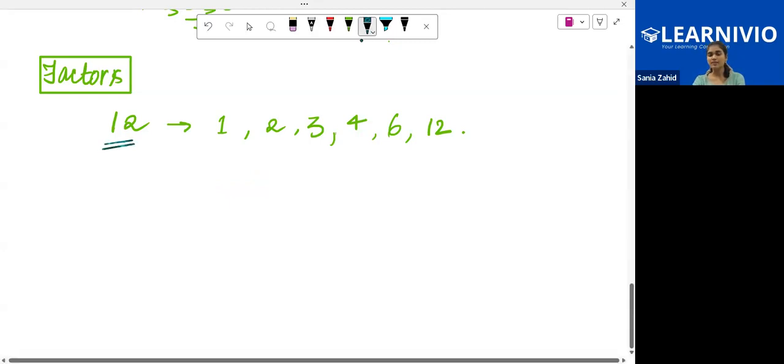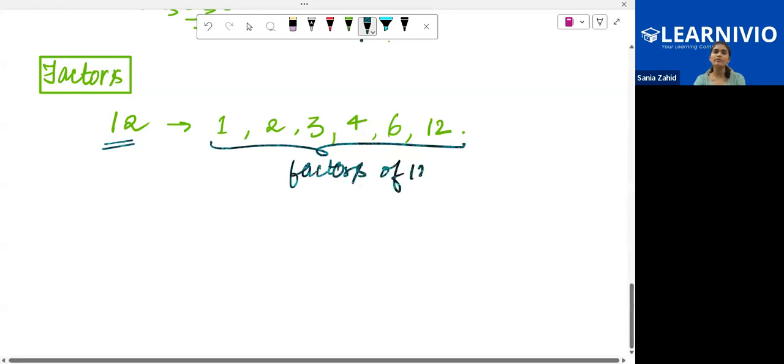I'll start from 1 and keep checking till that number. So basically 1, 2, 3, 4, 6 and 12 are all factors of 12.